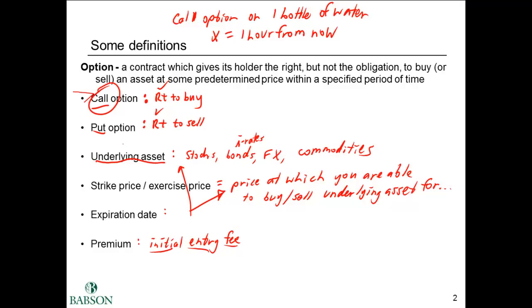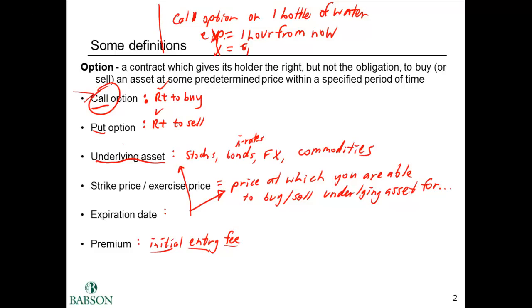Let's say you and I agree that the strike price would be $1. So that's an example of a call option. I now own the right to buy a bottle of water from you an hour from now or before for $1.